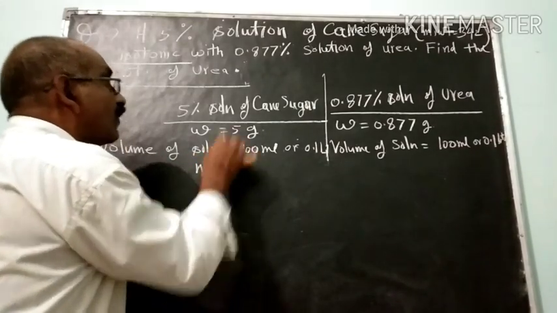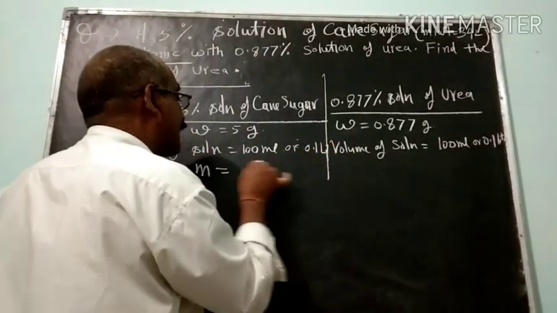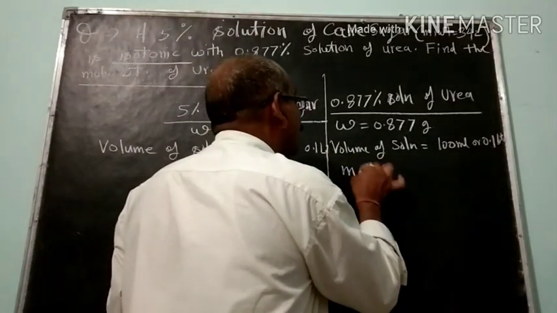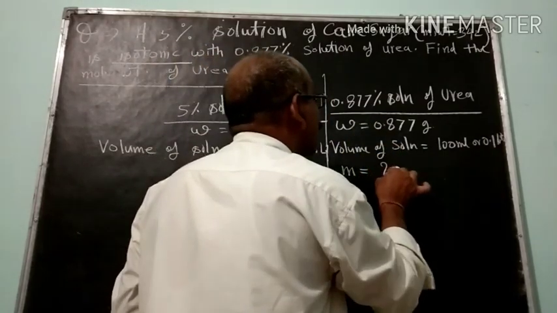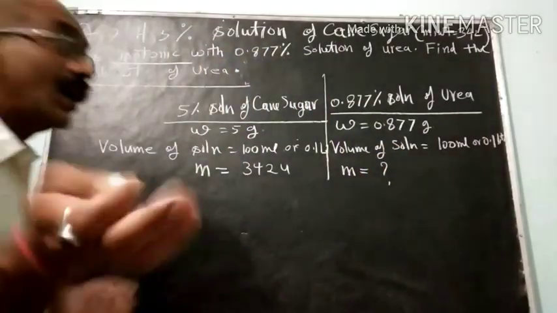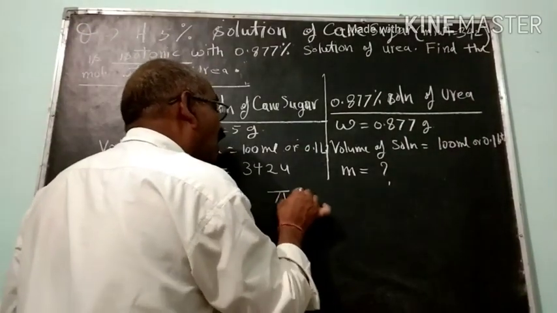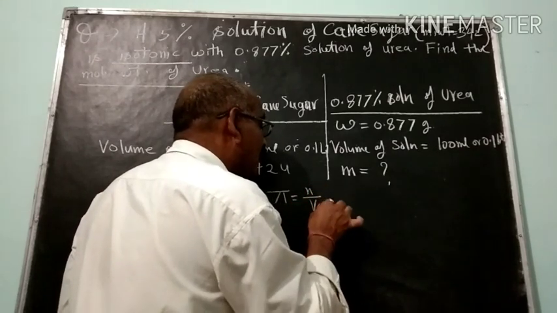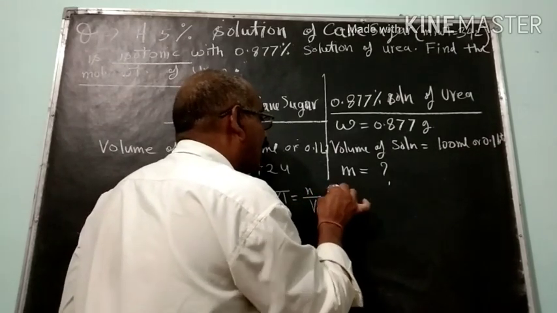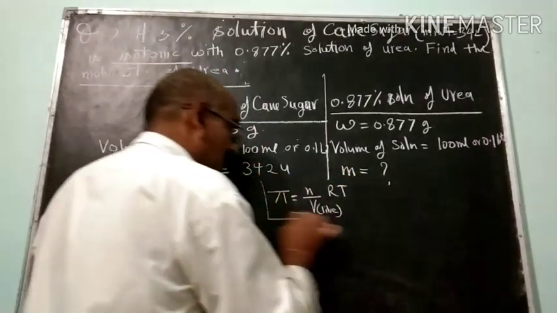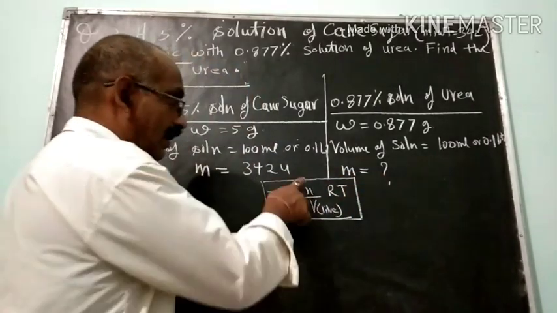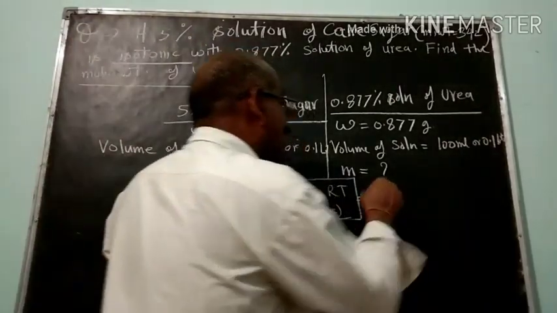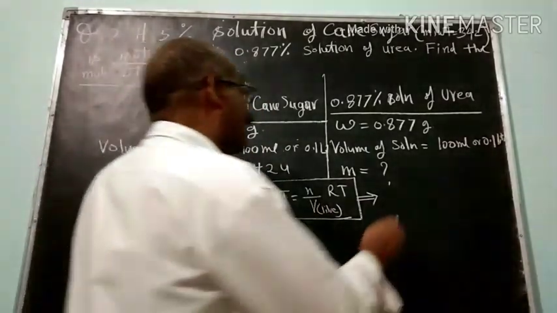Find the molecular weight of urea. The molecular weight of cane sugar is given as 342, while we have to calculate the molecular weight of urea. We know that osmotic pressure pi is equal to N over V RT, where V is in liters and N is the number of moles. N can be replaced by W over M, mass over molecular mass.